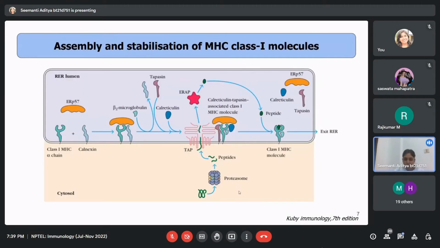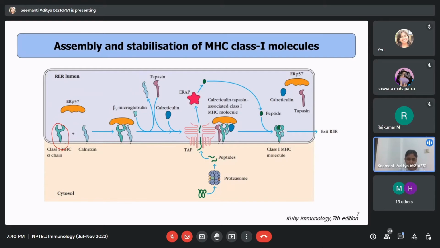Also I would discuss in brief how the stabilization of MHC class 1 molecules is carried out. Basically, the MHC class 1 molecule, after being synthesized in the ribosome, will go to the ER membrane. This is the membrane of your rough endoplasmic reticulum, and here your MHC molecule is synthesized, and now it will undergo the assembly between the different chains of MHC.